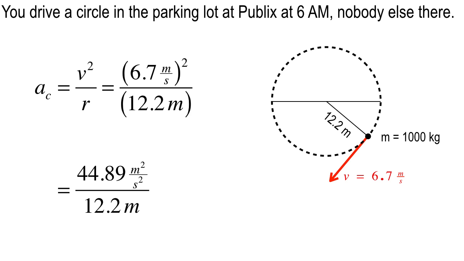Now, the reason I'm going step by step is, a lot of people in here have had calculus, but a lot of people in here similarly are not so skilled in math. So I'm going to try to do it at a pace and without skipping steps that you can kind of keep up and ask questions. Now, here's my numerator, 44.89, and it's meters squared per second squared. Because if you square the 6.7, you also have to square the meters per second.